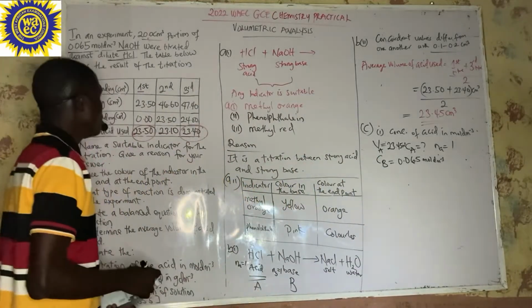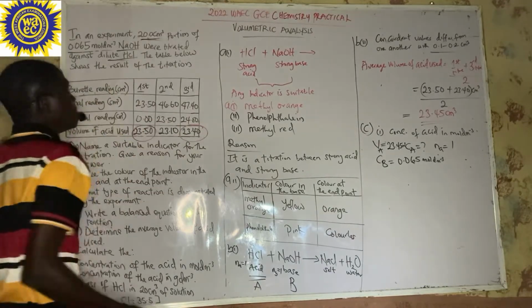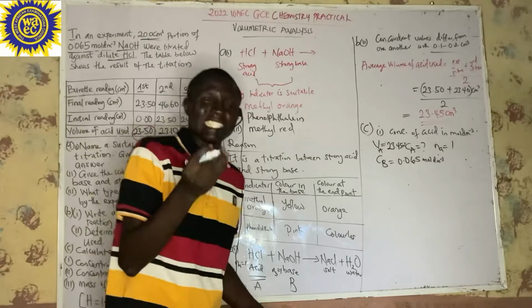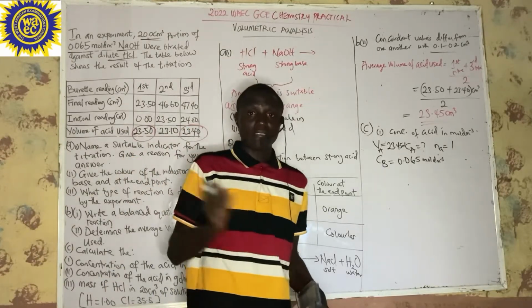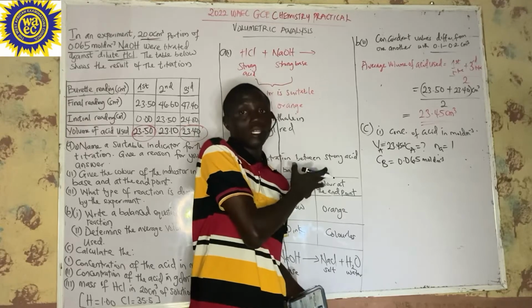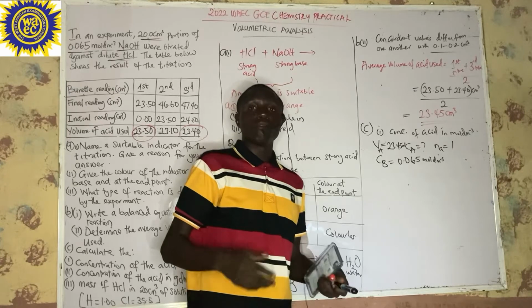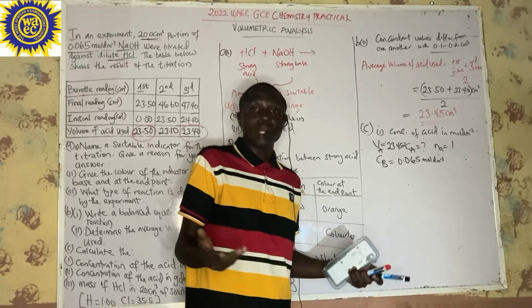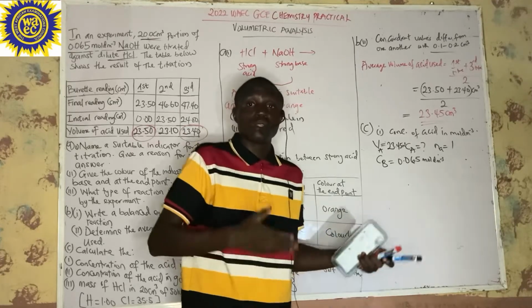And what about the VB? The VB has been given to us from the question: 20 centimeter cube. Please note that 20 centimeter cube. Don't use what you are not given. If you think the volume of the pipette is 25, because the usual pipette is 25, and you decide to use 25, you're going to lose mark for it.